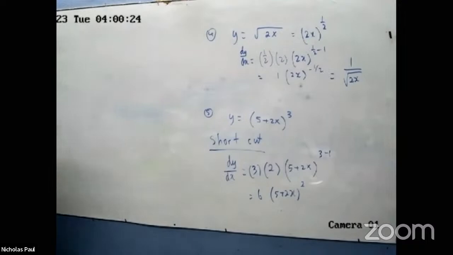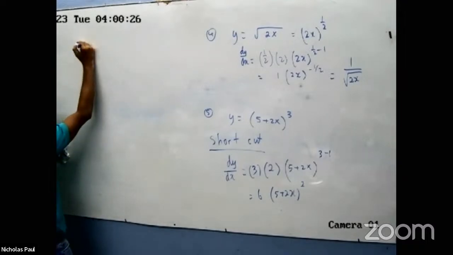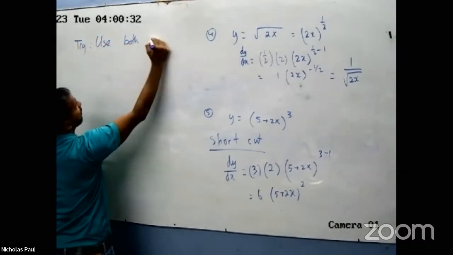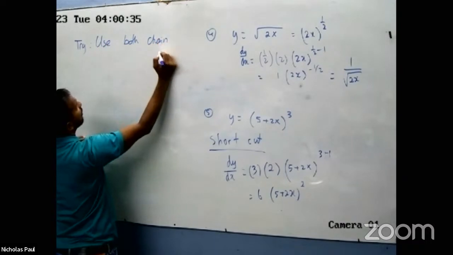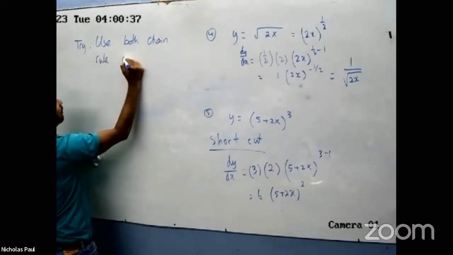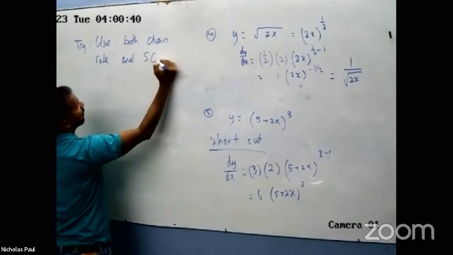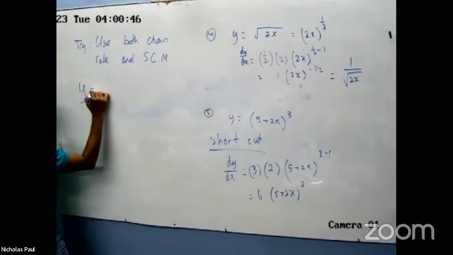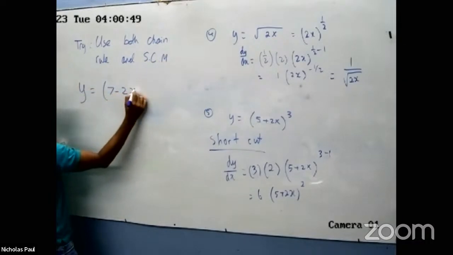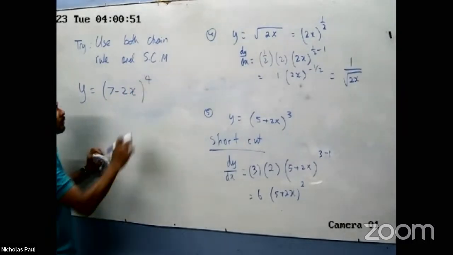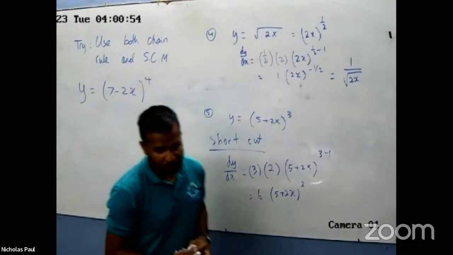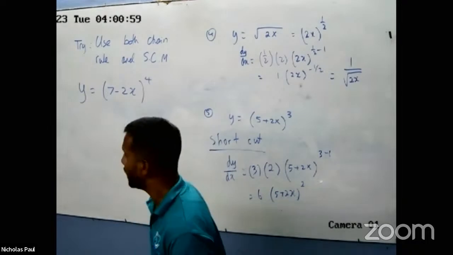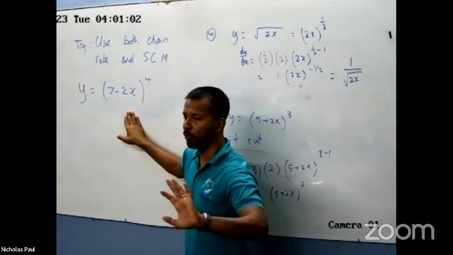Because I want to go over the chain rule for the new people. (7 minus 2x) all to the power of 4. Try that, please. Use both methods. For those who don't know the chain rule, leave it out. Just use the shortcut.